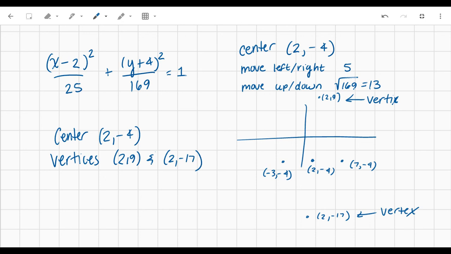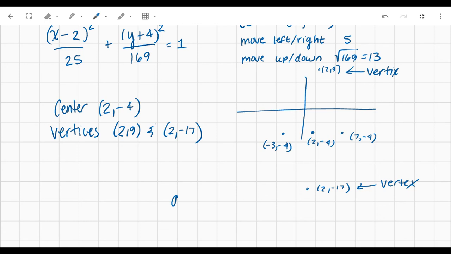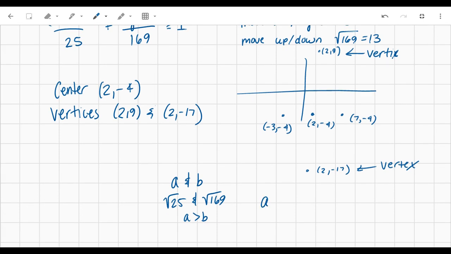So the last thing to do is find our foci. Your foci are always in the same direction as the vertices, so in this one, they're going to be up and down also. Remember A and B are the square root of 25 and the square root of 169, but A is the bigger one. So A would be 13 and B would be 5.